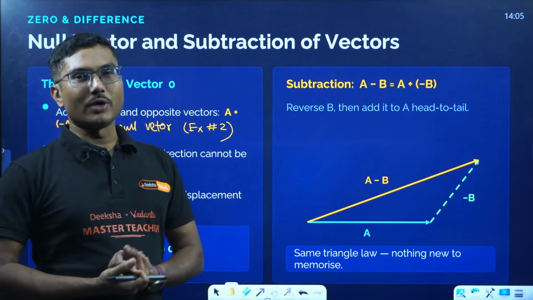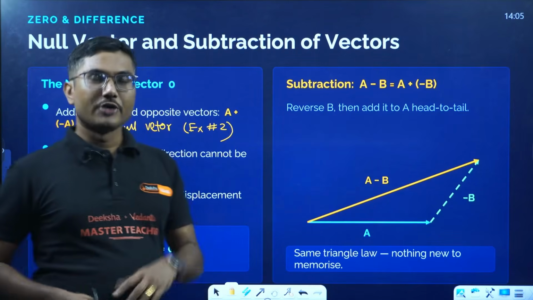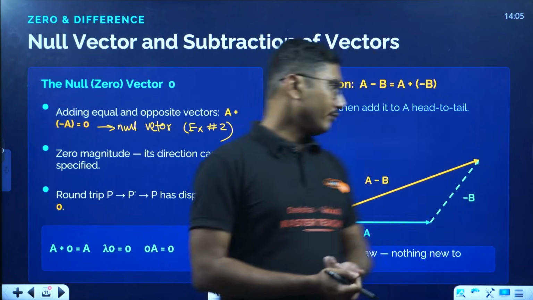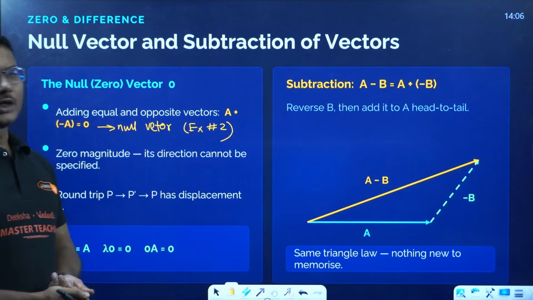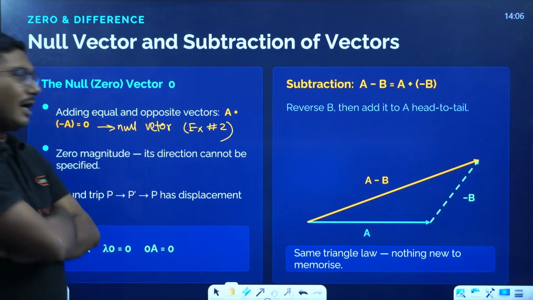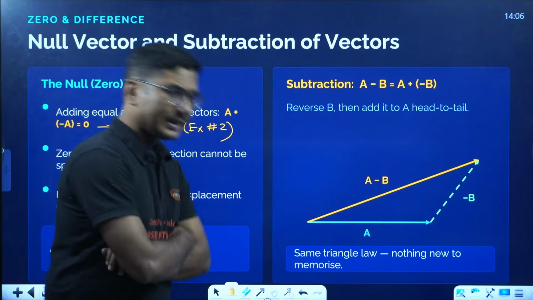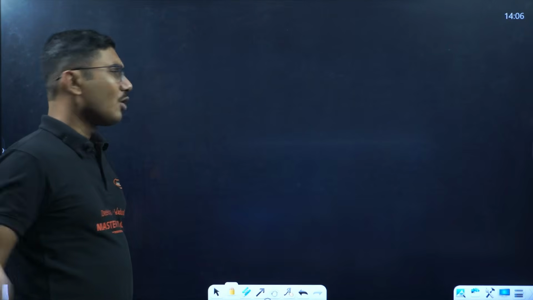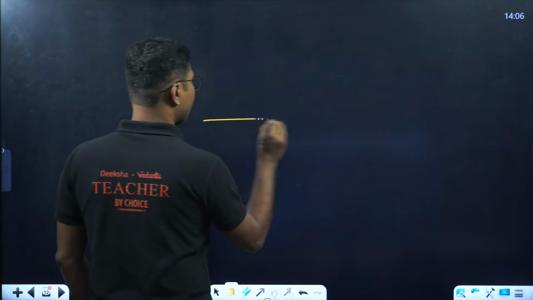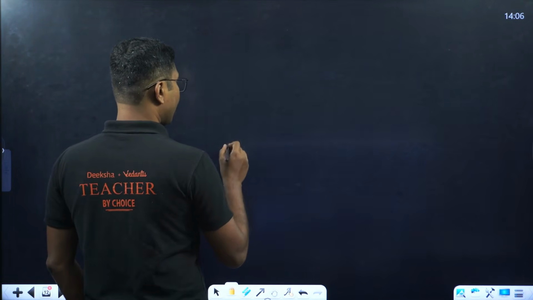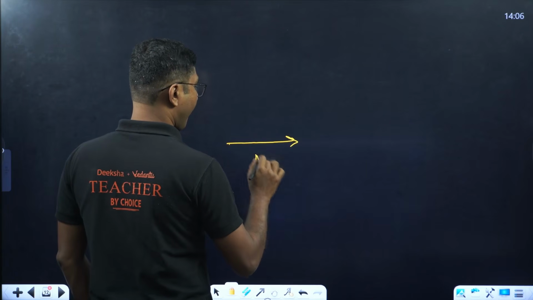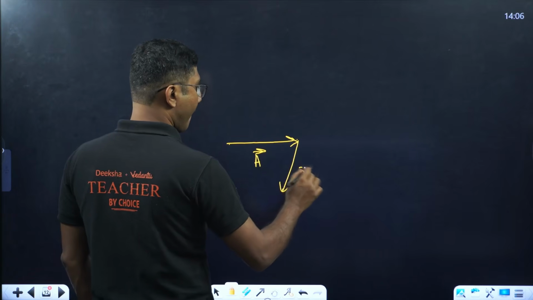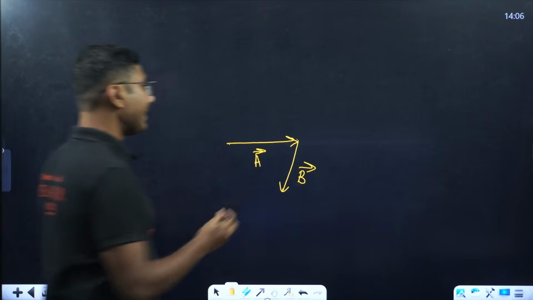Now that leads to our next topic, which is subtraction. If they are equal, we get a null vector. What if they are not equal? If two vectors are not equal, then how can we find the resultant? There are a few ways to do that. One easiest way: suppose you have a vector A and another vector B. Take the negative of this vector.